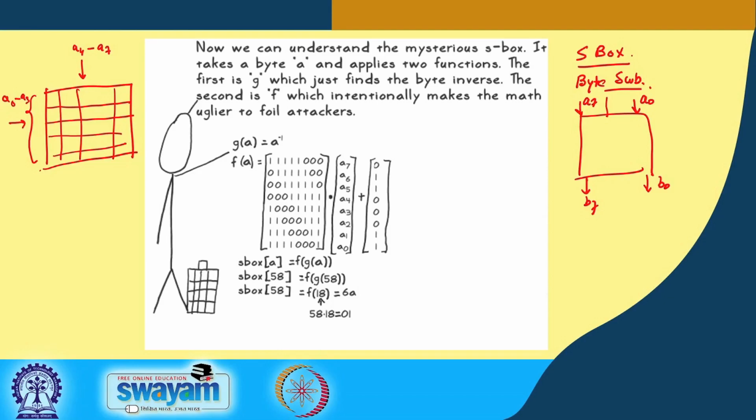Every element here stands for a byte, because it tells me what is B7 to B0. So the S box lookup will have a size of 16 rows multiplied with 16 columns multiplied with 8 bits. That is basically 256 bytes. So you can represent this in the form of a lookup.